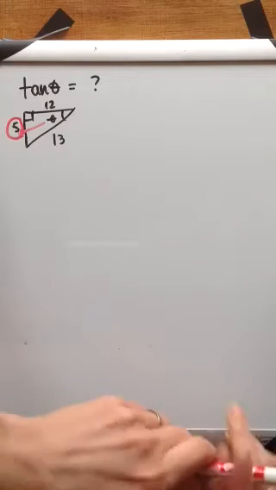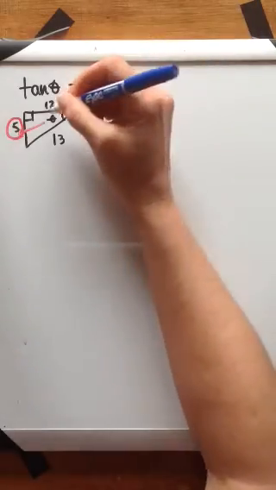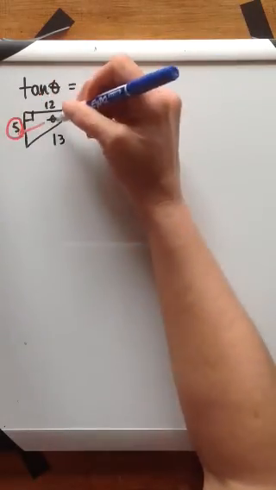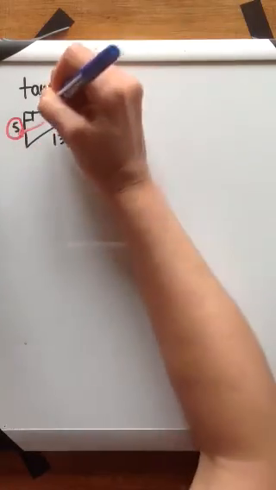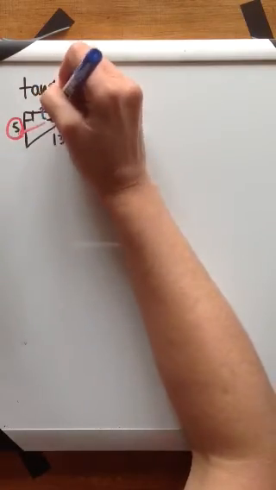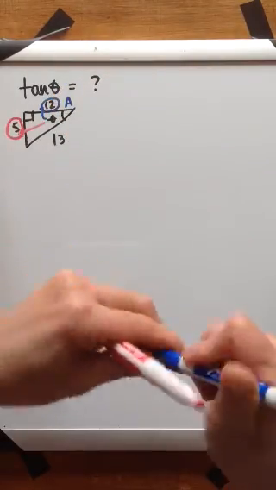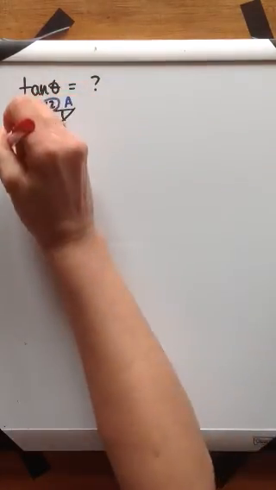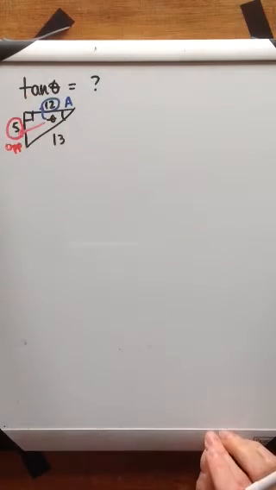I'd also like to figure out what its adjacent is. And its adjacent is the side that is not the opposite, and it's the side that is not the hypotenuse. The hypotenuse is always opposite the right angle. So the adjacent is this one. I'm going to call it letter A, just for short, for adjacent, and I'll call this op instead of O because that might be confusing to do opposite.